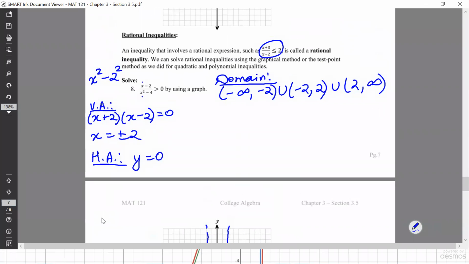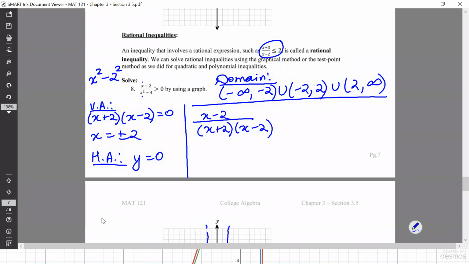So, like I said, this one was not in lowest terms. You've got x minus 2 on the top. The denominator, like we just saw here, can be factored into x plus 2, x minus 2. So of course, the x minus 2 will cancel each other out, leaving us with 1 on the top.